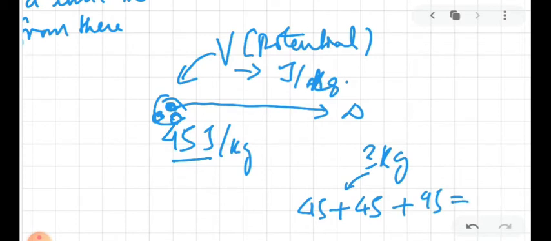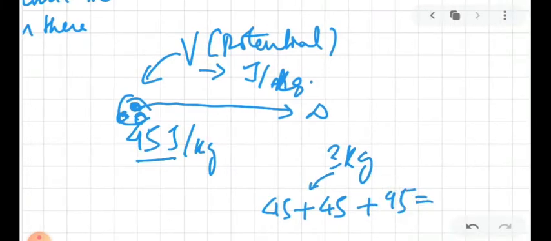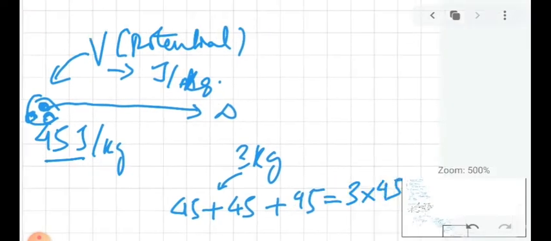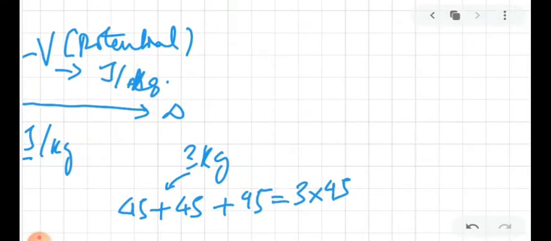In total you require 3 times 45, which is 135 joules of energy, if I am correct. Let me just check, because I'm a very poor guy at multiplying numbers. Yeah, exactly, it is 135 joules.